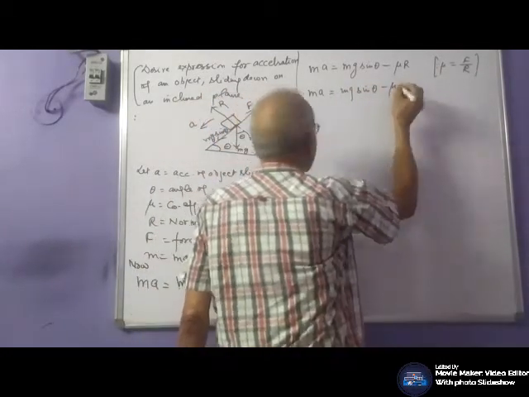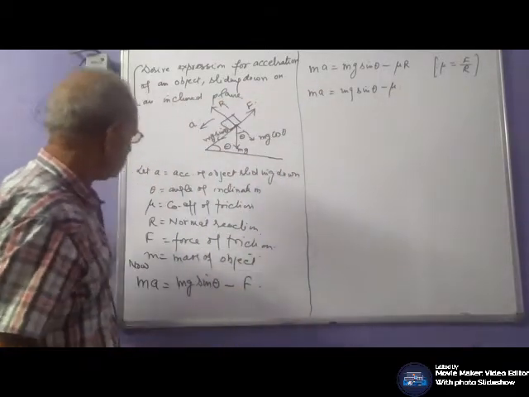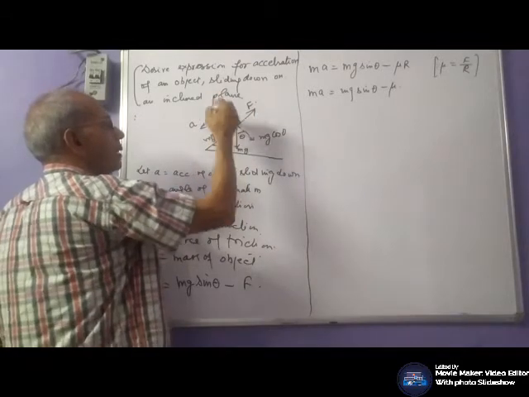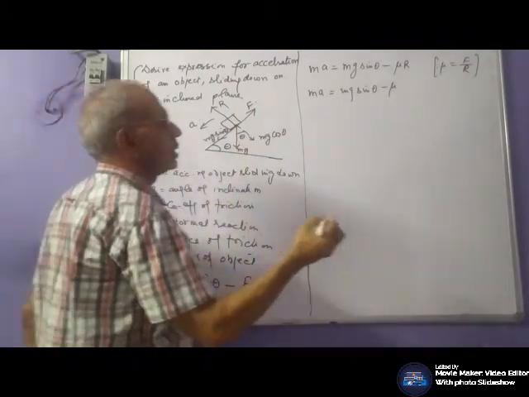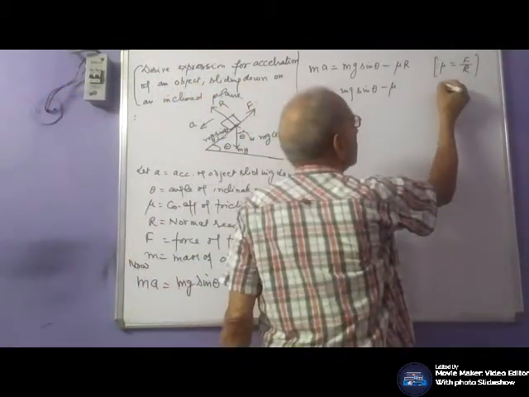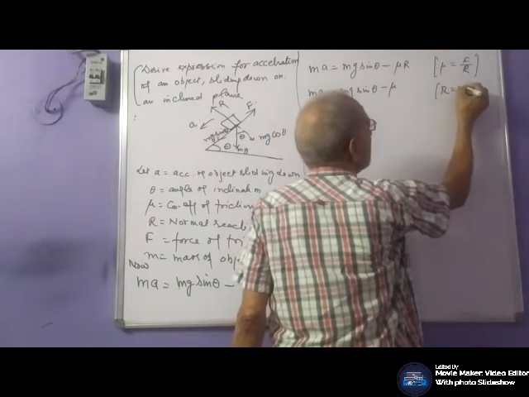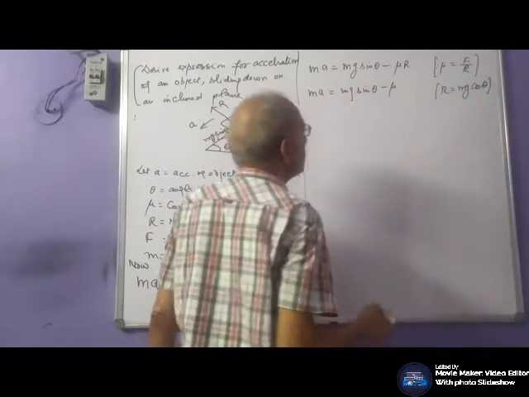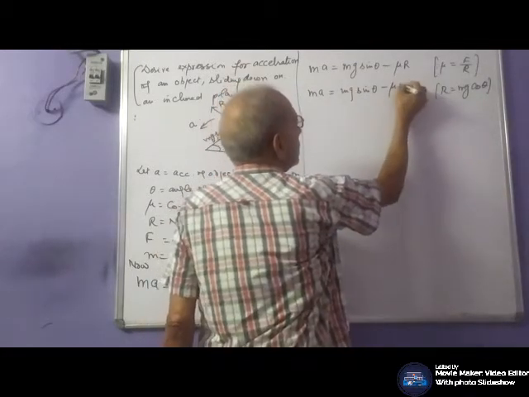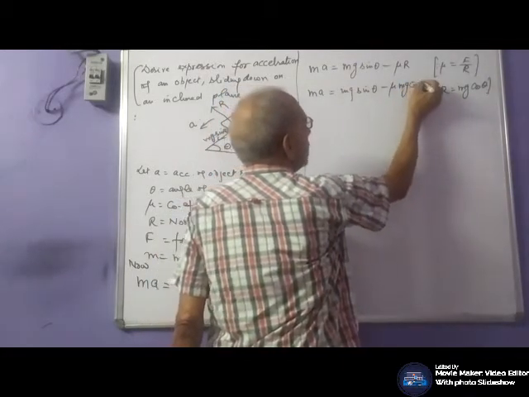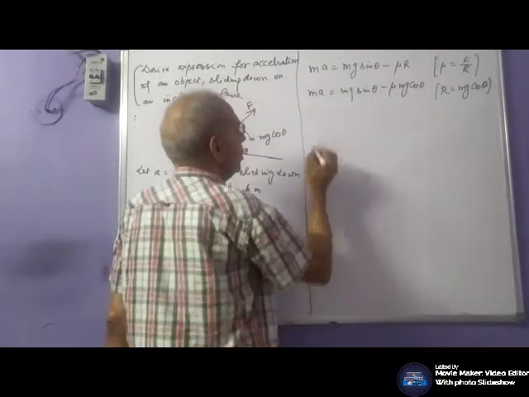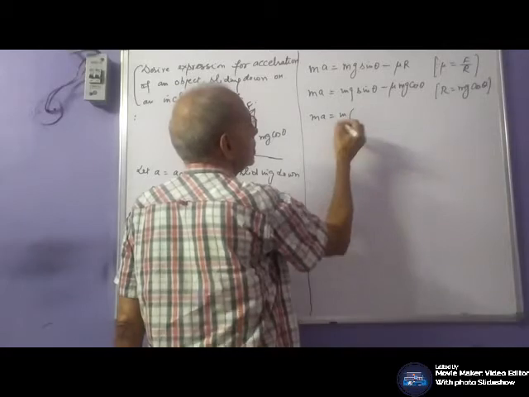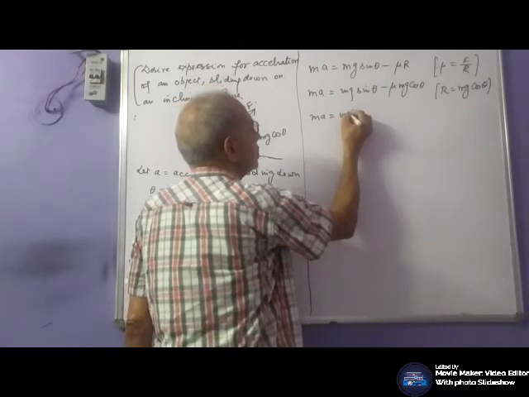Mu, what is R? This is R, opposite mg cos theta. R is mg cos theta. Mg cos theta. m is common, cancels out. g also common.